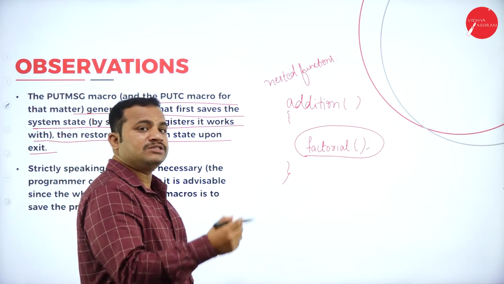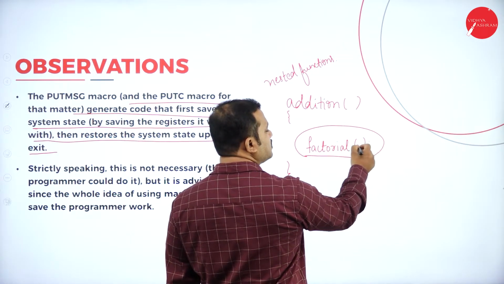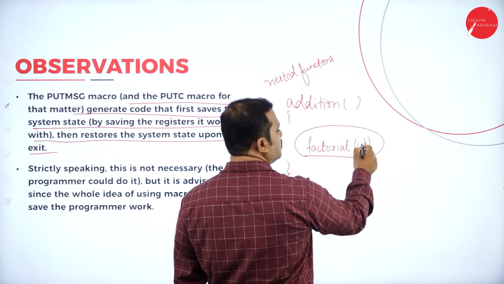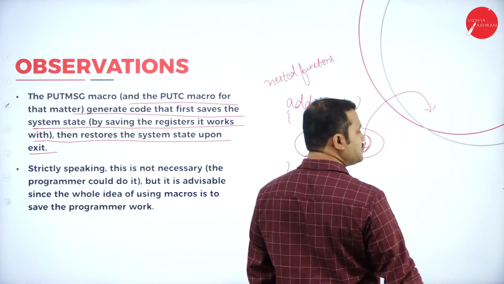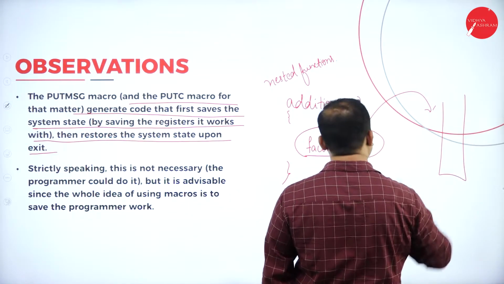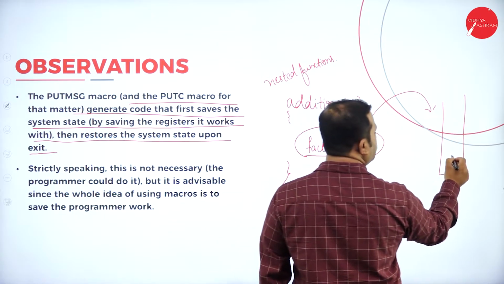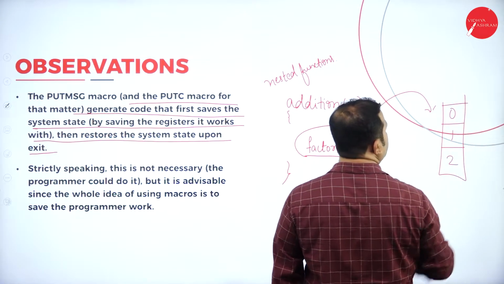So what happens? Suppose you have parameters like this, one parameter, a second parameter like this. They are pushed onto the stack in reverse order. These are read from right to left. So the second parameter is pushed, then the first parameter, then the zeroth parameter.